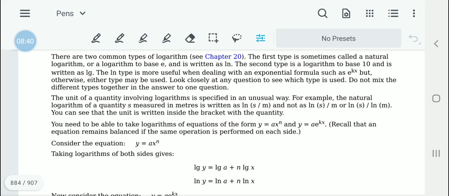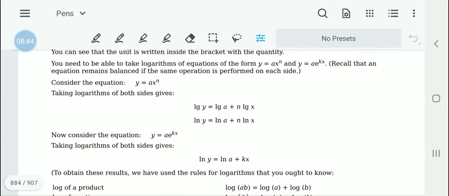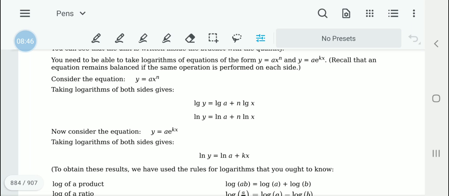Now, when you take the equation y = ax^n, we take the logarithms of both sides, natural logarithm or to the base 10. You get lg y = lg a + n lg x, right? So ln y = ln a + n ln x.